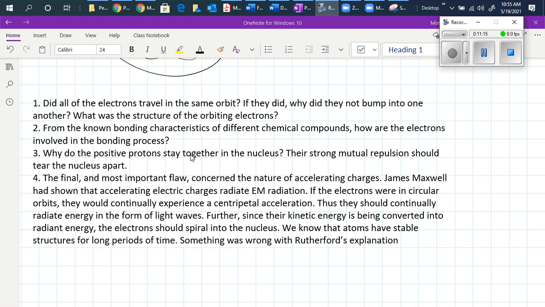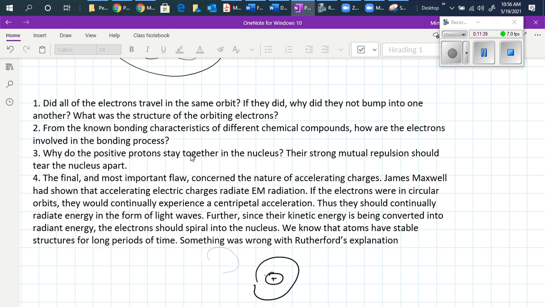Because if they were radiating EMR, then they would continuously lose energy, and therefore they would collide with the nucleus. So the path of the electrons would not be a continuous complete circle, but would be like a spiral.